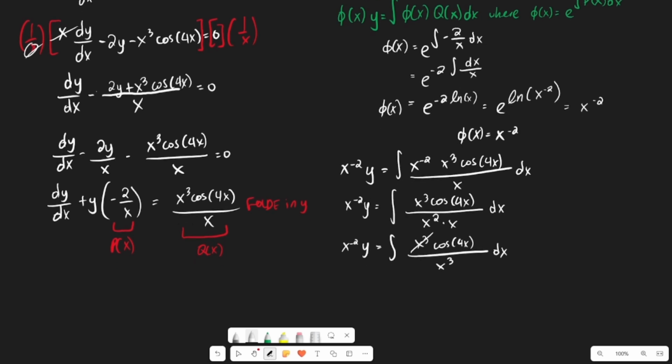Now you can cancel these two out. So you have x raised to negative 2 y is equal to the integral of cosine 4x dx.